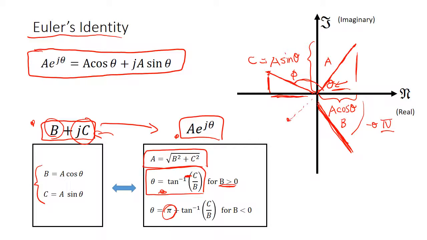Now when you look at this, you can see that if you wanted to ask, how do I get this a cosine theta?